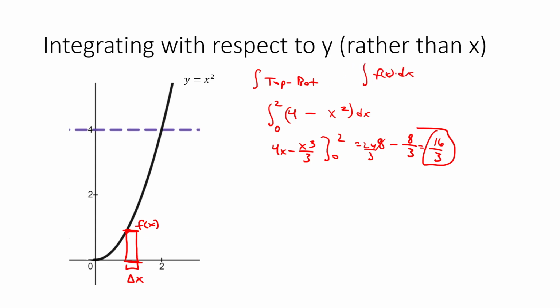What you're really doing is adding up an infinite number of rectangles, and dx represents that width, and f of x represents that height. So now let's consider, instead of going that way, what if we were to go this way, and use rectangles going up and down, some delta y instead.